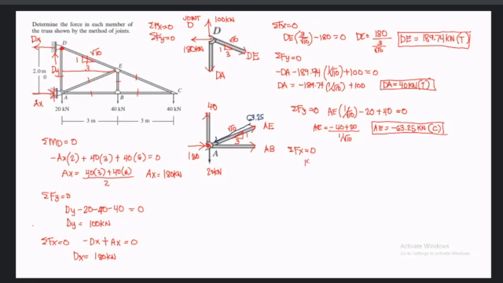So you have positive 180 and then negative 63.25 times 3 over square root of 10. Okay, and then positive AB.